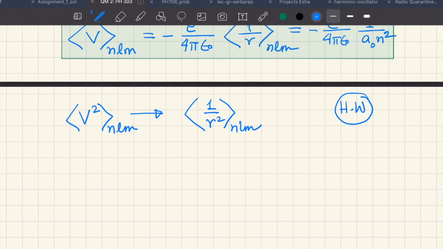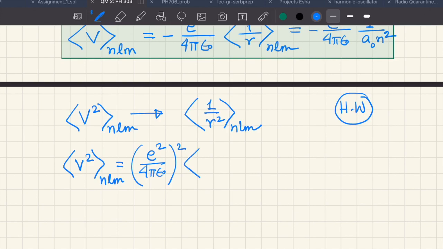In fact, I am writing the final result here. Please do this calculation. This is very interesting. This is e squared by 4 pi epsilon naught whole squared, since we are looking at the V squared expectation value, and then we have 1 by R squared in the NLM state.